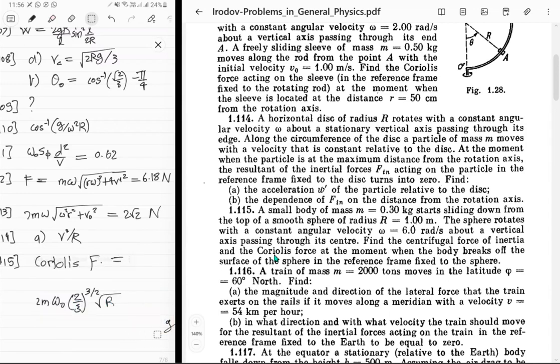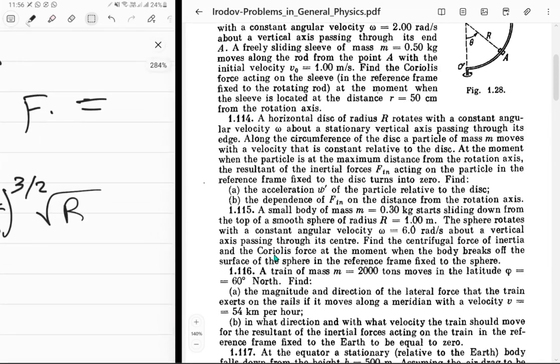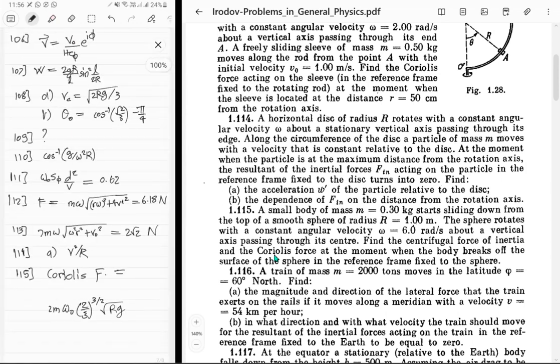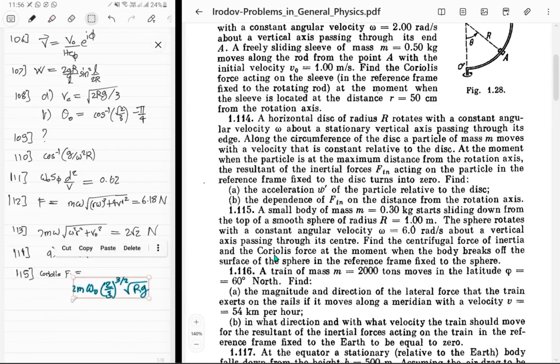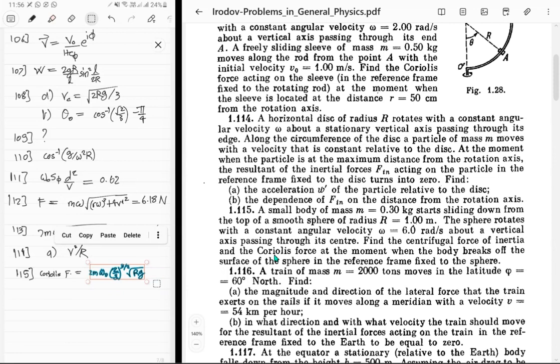There we go. So this is the thing. Coriolis force is just that. Minimize this.